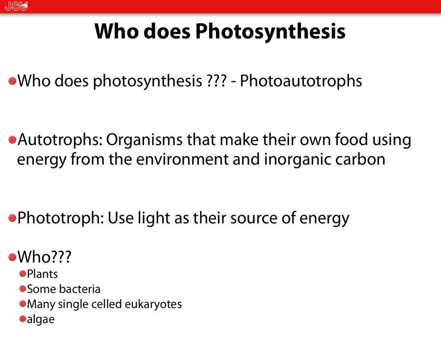Phototrophs are going to use light energy as their source of energy. Okay. So autotrophs are going to use inorganic sources of carbon, such as CO2. Phototrophs are going to use light energy.